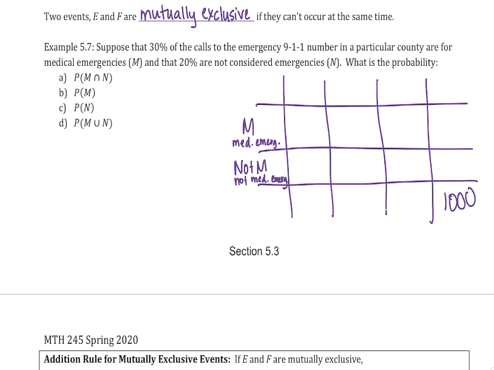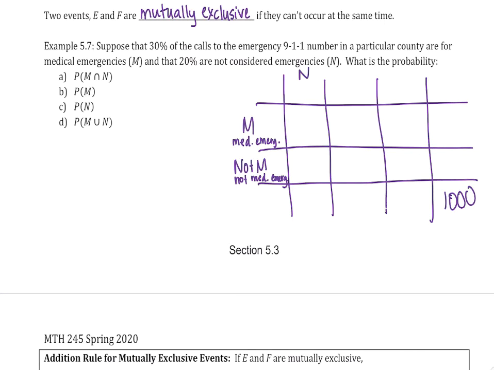Okay, there's plenty of things that you would call 911 that were not a medical emergency. And then we have our non-emergency calls, so that's going to be our N. So these are non-emergency. And then we're going to have our not N. This is where it gets a little confusing. It's a not non-emergency. So let's just call that an emergency.